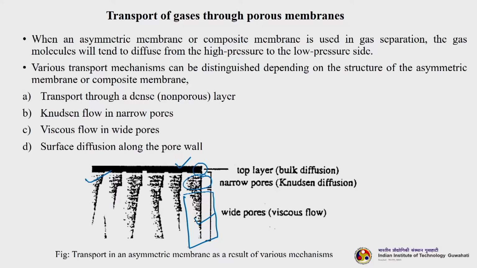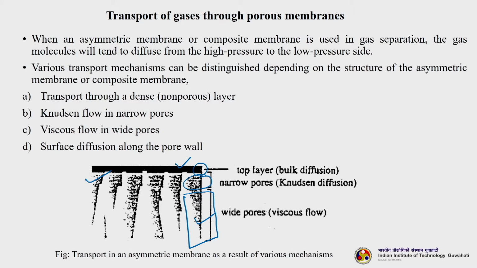Again, going down to the next layer, in which the pores are wide, more or less in the microfiltration range, the transport will occur through viscous flow. So, the pore is not imparting any resistance to the flow.